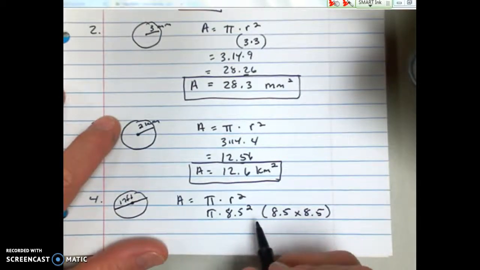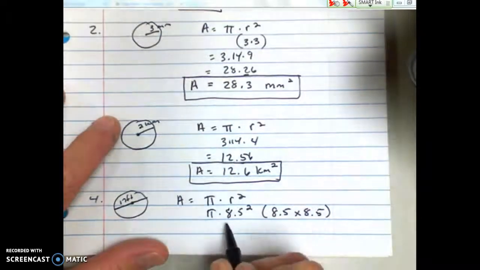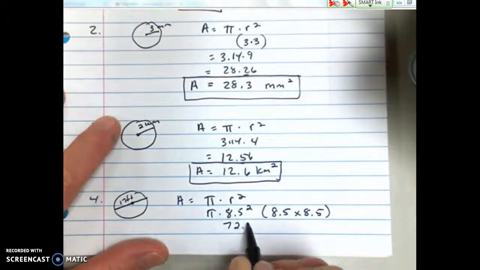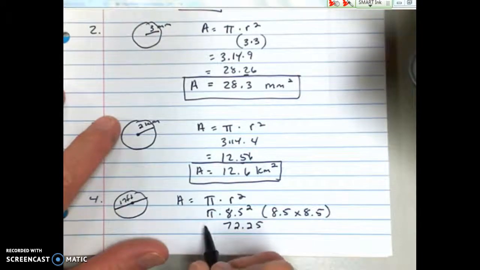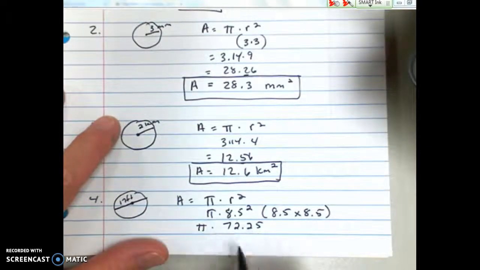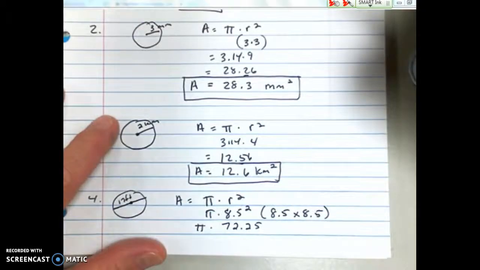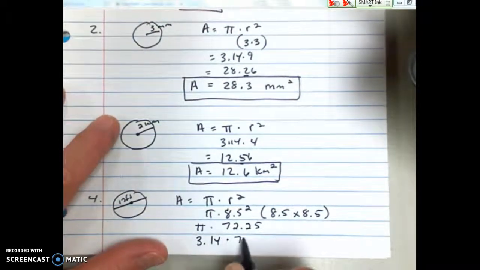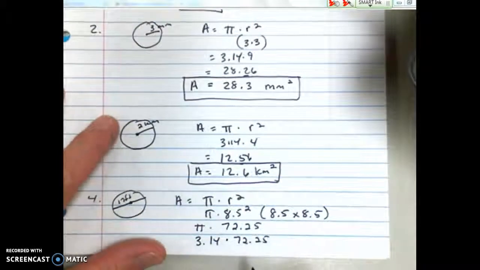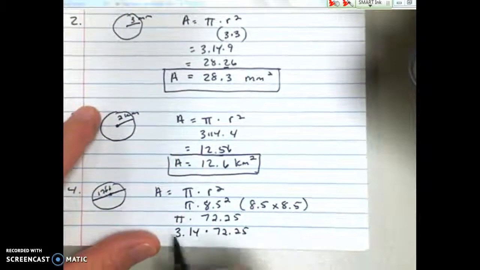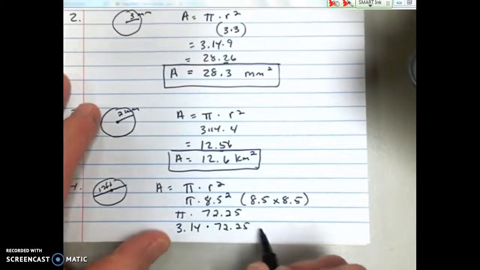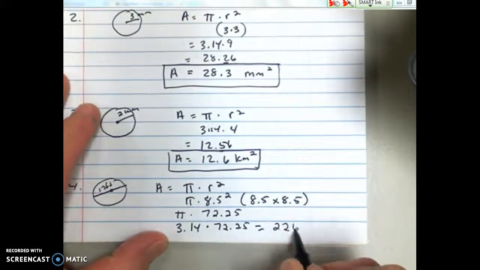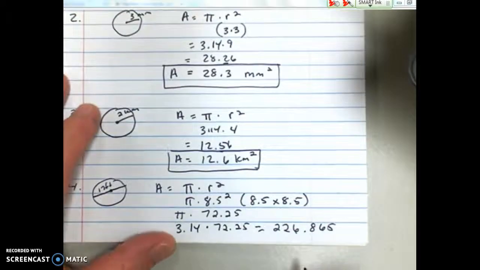You should get 72.25. But we're going to multiply that times pi. So 72.25 times 3.14. And you're going to punch that into your calculator. I'm going to run out of space down here, but you're going to get an answer of 226.865 is what you should have gotten.